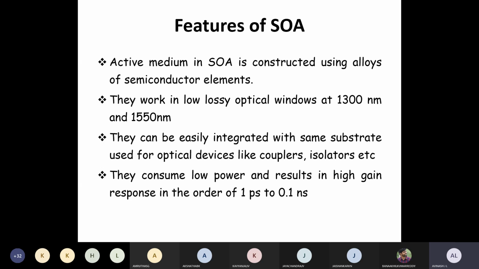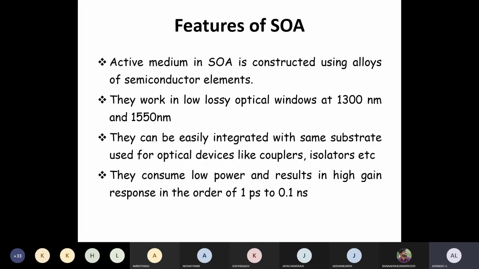The first feature you can see is that the active medium in the semiconductor optical amplifier, that is SOA, is constructed using alloys of semiconductor elements. Alloys of semiconductor elements means semiconductor must be there in the active medium.